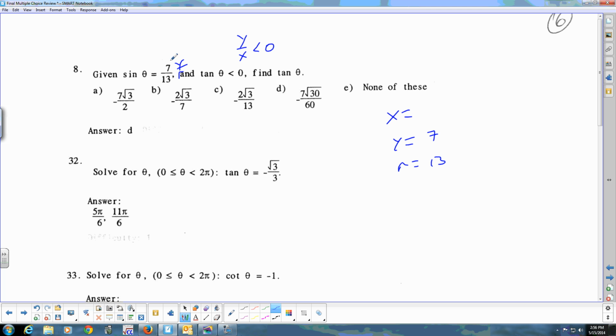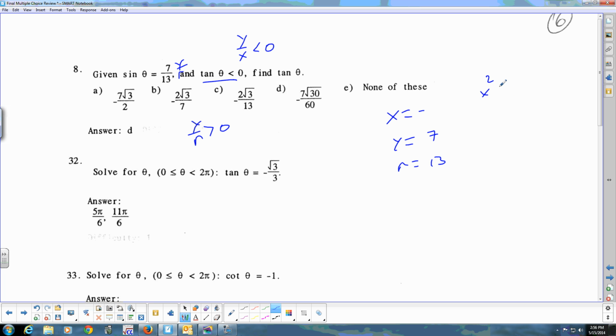Y over r is positive. R always has to be positive, so that means y has got to be positive. So if tangent is less than 0, that means your x has to be negative.